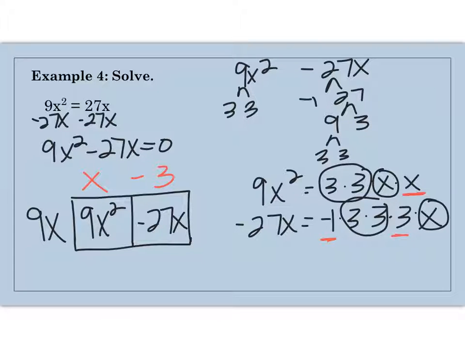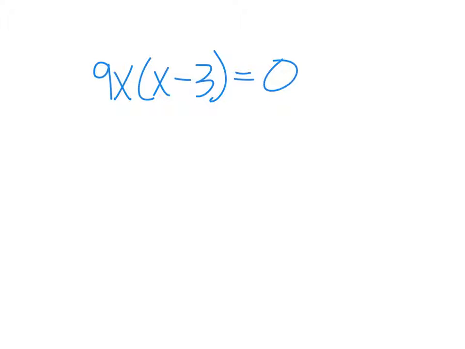So the first part here, we're going to get 9x times x minus 3. And remember, that was set equal to 0. Our next job is to take each one of those factors and split it up and set each one equal to 0. So the first factor, we're going to say 9x equals 0, or x minus 3 equals 0.